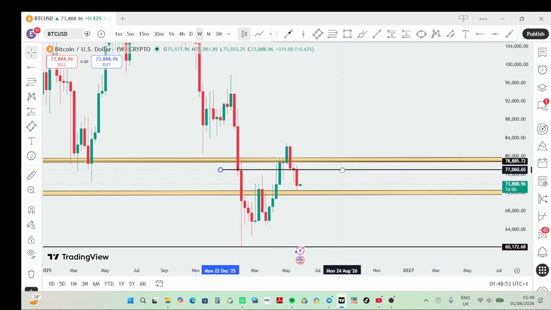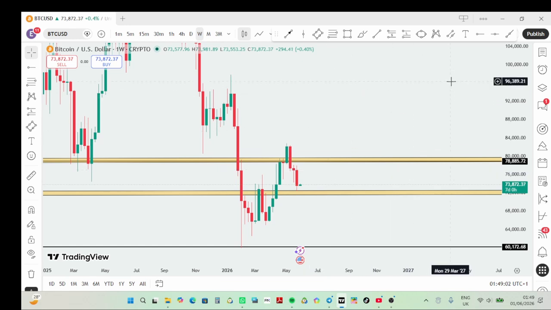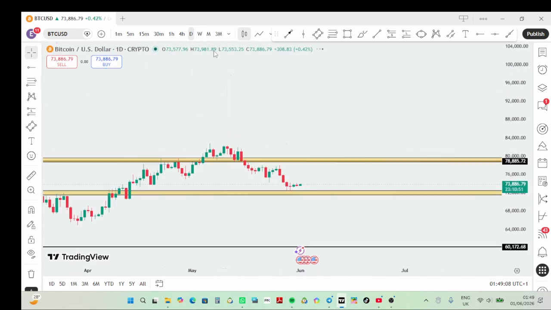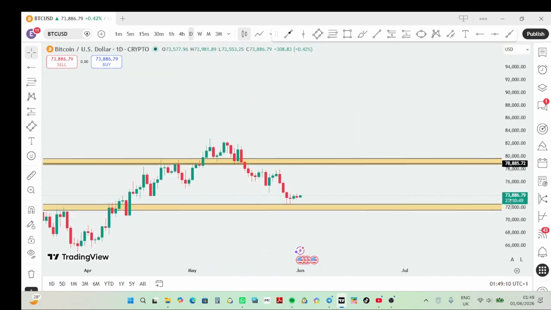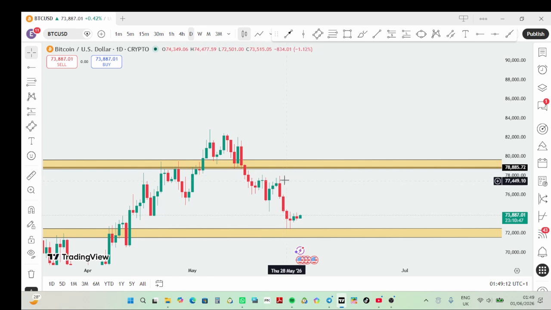I'll be looking for a bullish move, a retracement, before it starts coming down to this level.